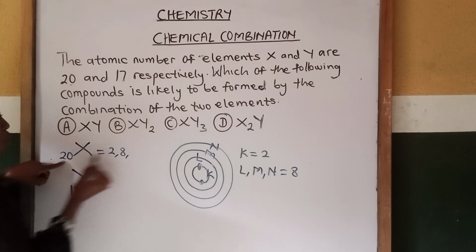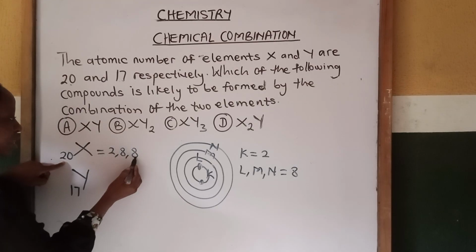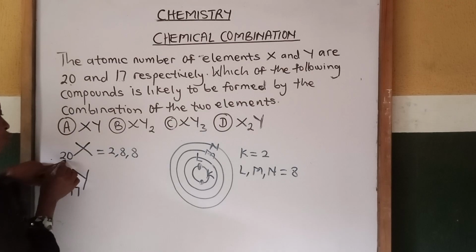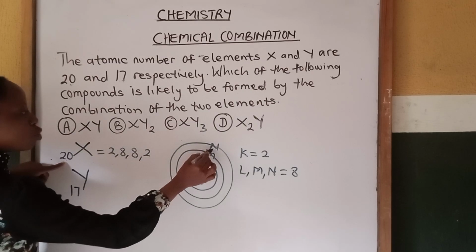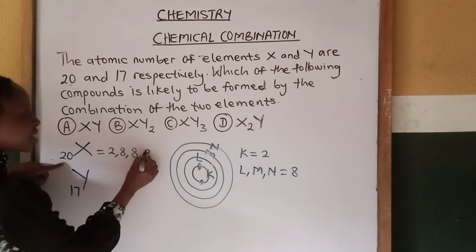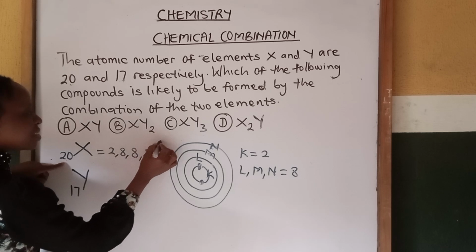Out of 20, M will carry 8. So 2 plus 8 plus 8 gives us 18 out of 20 electrons, so 2 remain. The last shell will carry 2. These last electrons are called valence electrons.